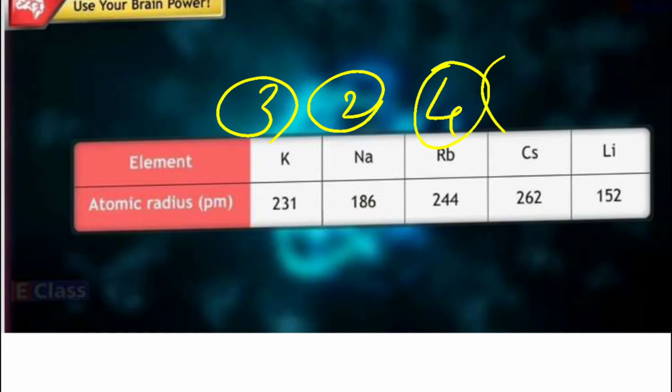Fine. Now what do you see? What periodic trends do you observe in the variation of atomic radii in a group? Now observe the position of lithium, sodium, potassium, rubidium, etc. in the periodic table.